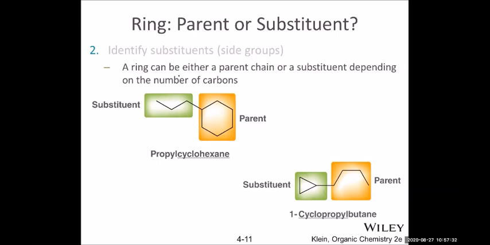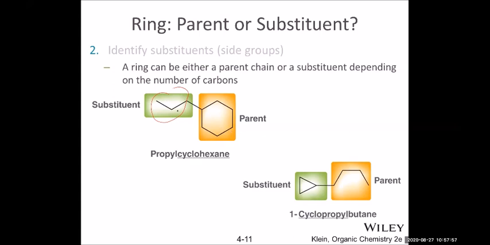So you can see here, this is the molecule. You have a hexagon, that is cyclohexane, and the non-ring has only 3 carbons. So between these two, the 6 carbons in the ring will be the parent.